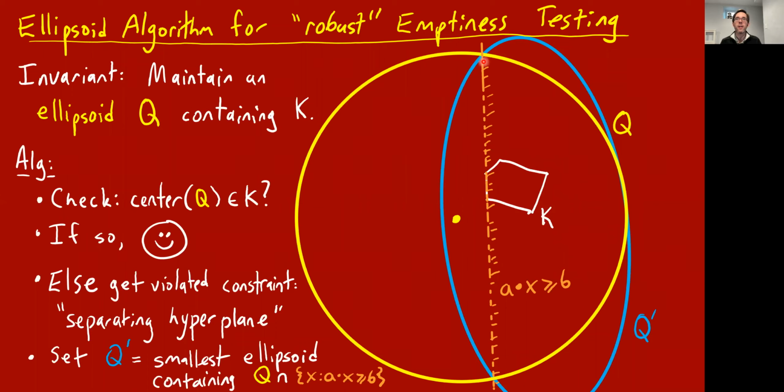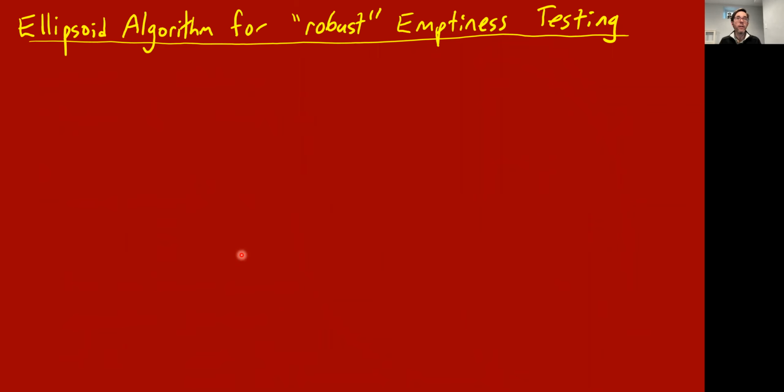Let me assure you, it's a pretty simple matter of linear algebra and geometry to figure out Q prime, the smallest ellipsoid that contains this dome. And then you iterate.